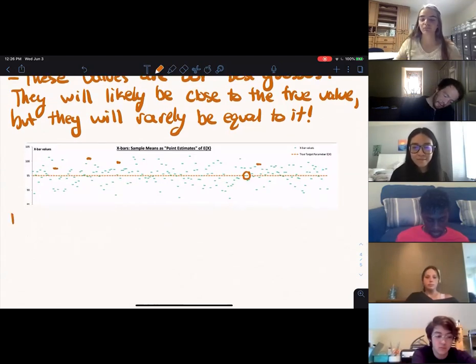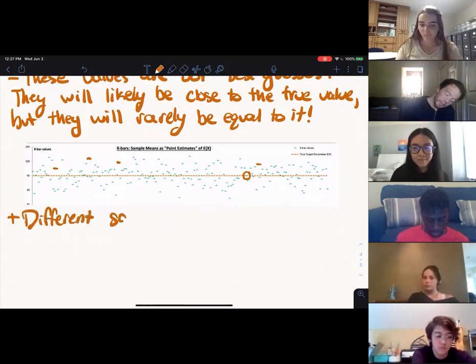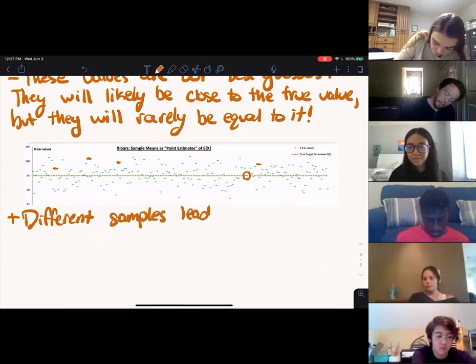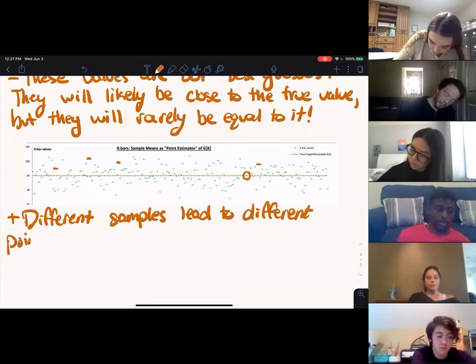So let me take a step back here and make this point explicit: different samples, as we know, lead to different point estimates.